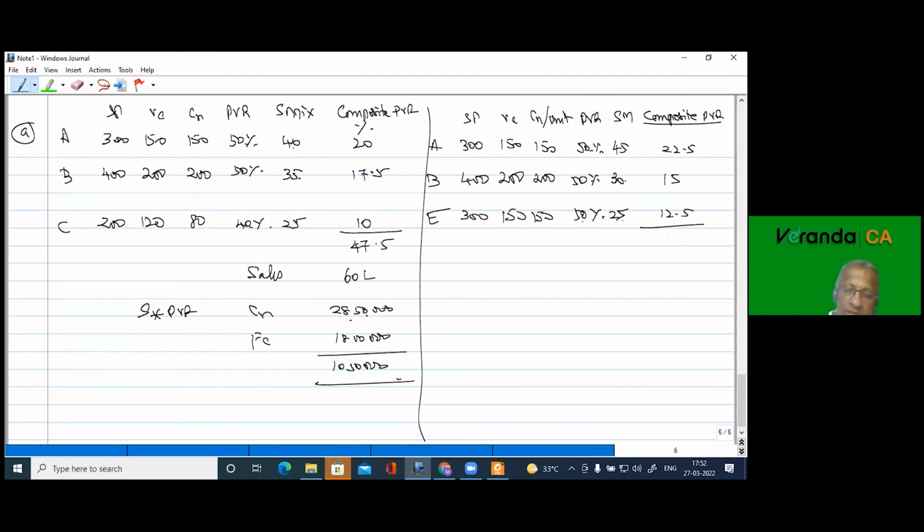So how much does it come to? It comes to 50%. When all are 50%, the PV ratio is also 50%. Sales 60 lakhs, contribution 30 lakhs. There is a jump in the contribution by 1.5 lakhs. Fixed cost 18 lakhs.